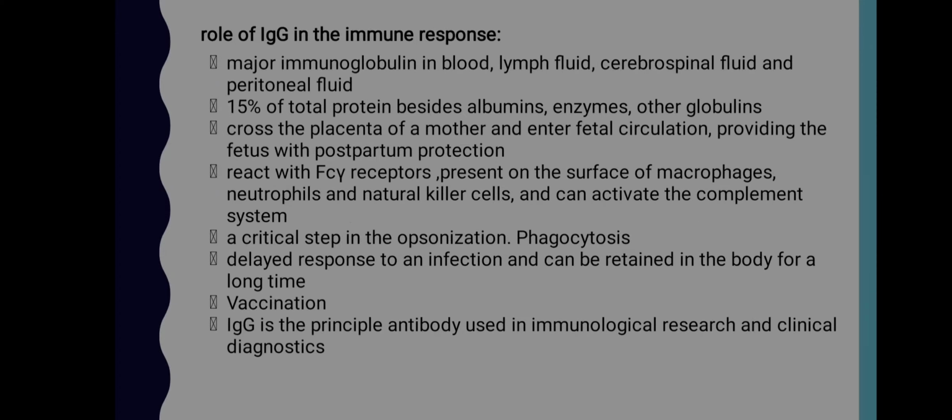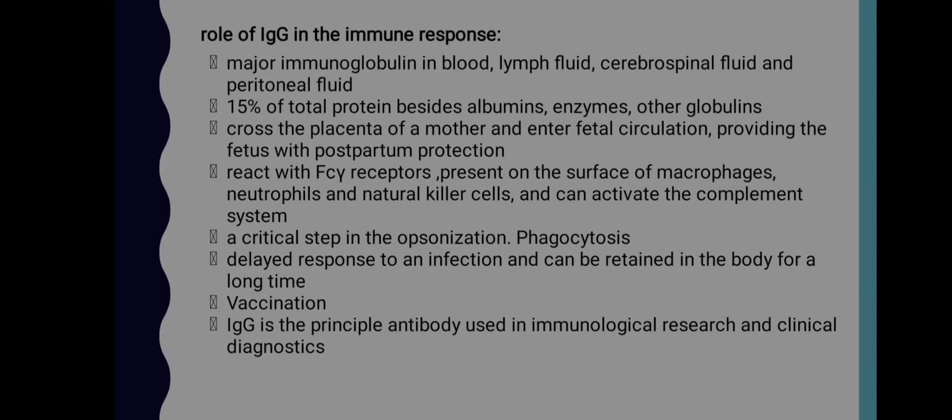Role of IgG in the immune system. Major immunoglobulin in blood, lymphoid tissue, cerebrospinal fluid, and peritoneal fluid. 15% of total proteins are present in it, and it provides protection for the fetus.